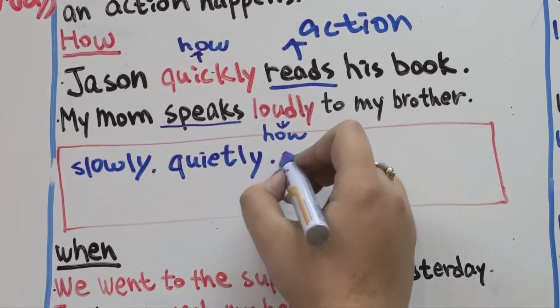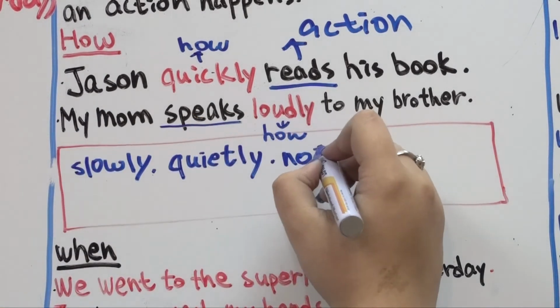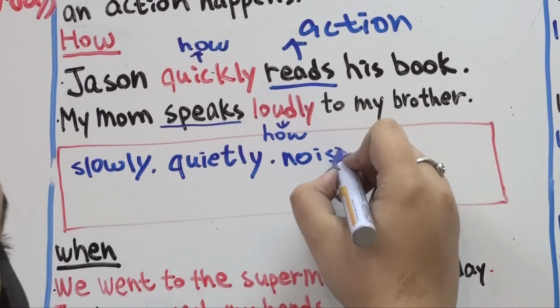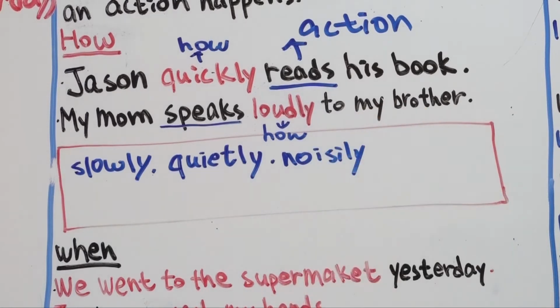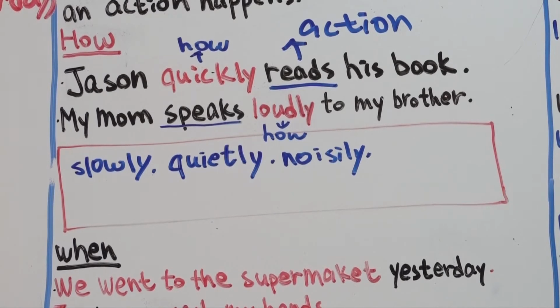Noisy is also an adjective. So noisily is spelled like this, noisily. For the next lesson, I'll tell you how to form the adjective to adverbs, okay? Noisily. Noisy ends with Y, right? That's why we change it to ILY. I'll explain it to you later. Okay.